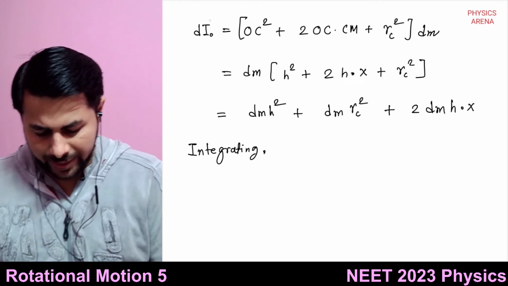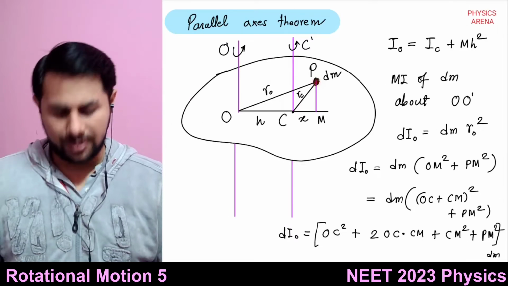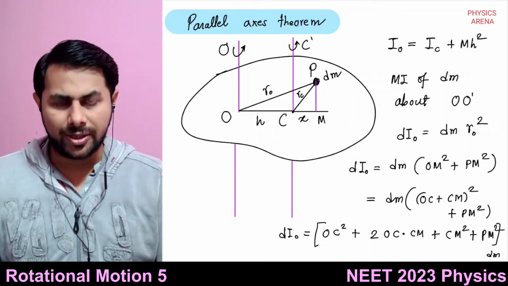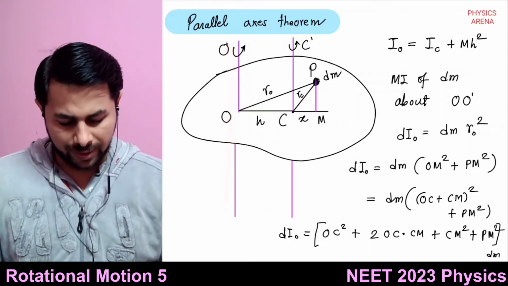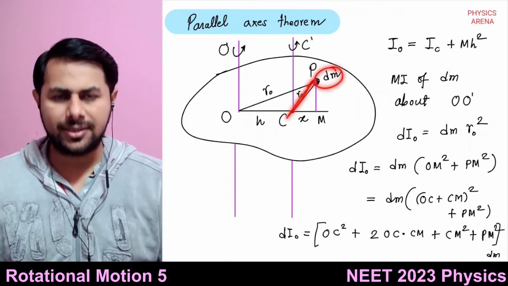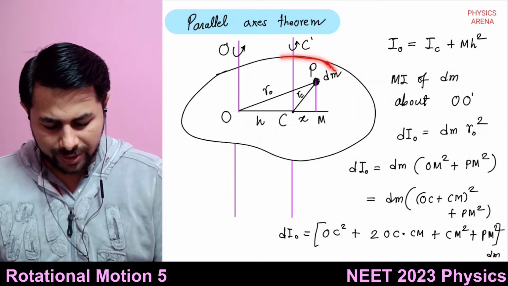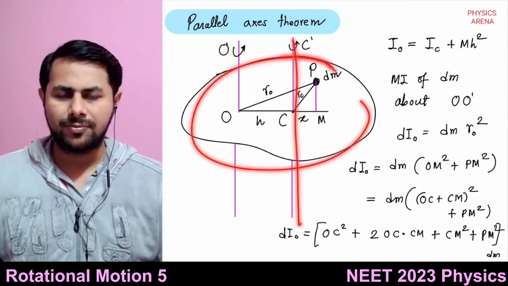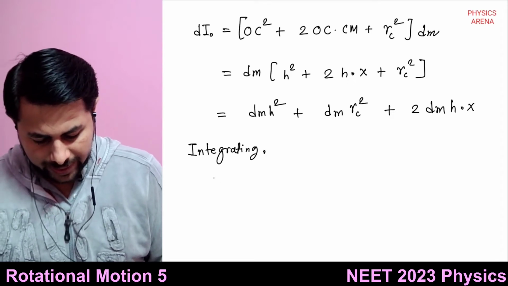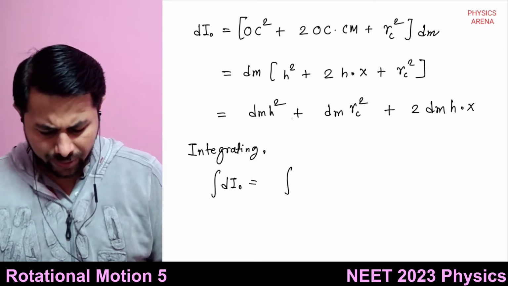If we integrate dIO, the moment of inertia of this mass about this axis, we'll get the moment of inertia of the body about this axis. Then if we integrate dm multiplied by RC squared, we'll get the moment of inertia of this body about this axis, right?